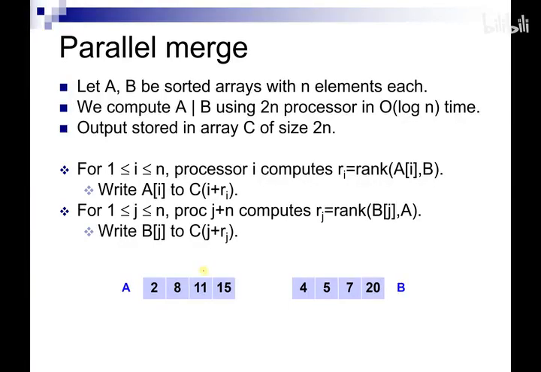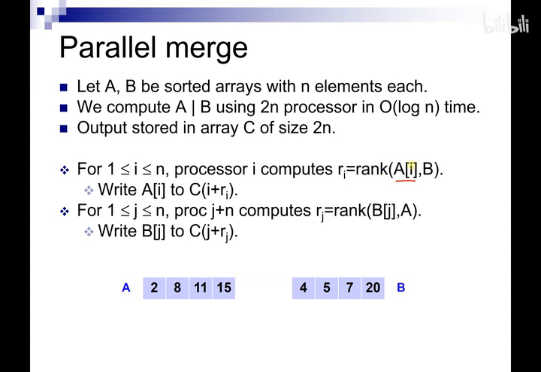The ith processor is going to take care of the ith value in array A. We have n processors here for A. The ith processor in the A list is going to take care of the ith value here, and it is just going to compute the rank of this value in A and in B. Now the rank of the ith value of A in A is simply its index itself, because the fact that it's at position i means that it's the ith largest value, since A itself is sorted. So the rank of A[i] in A is equal to i.